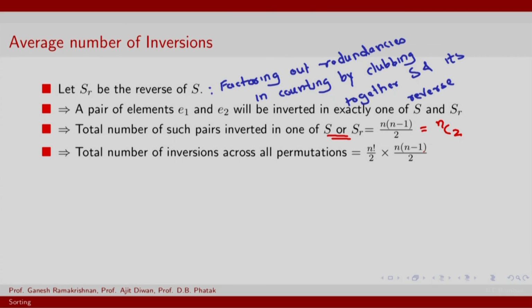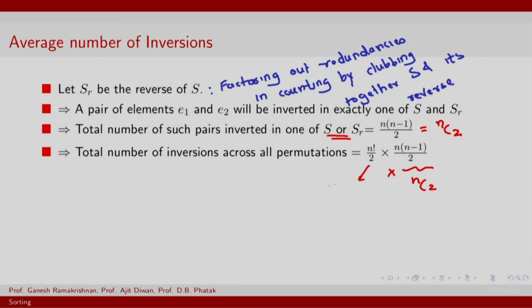Right. So we will consider the total number of such pairs inverted in one of them, and therefore the total number of inversions across all permutations is this n choose 2 factor multiplied by the number of such sets of sequences.